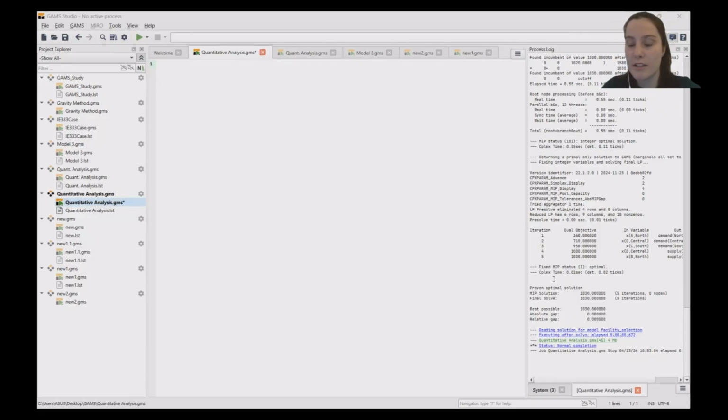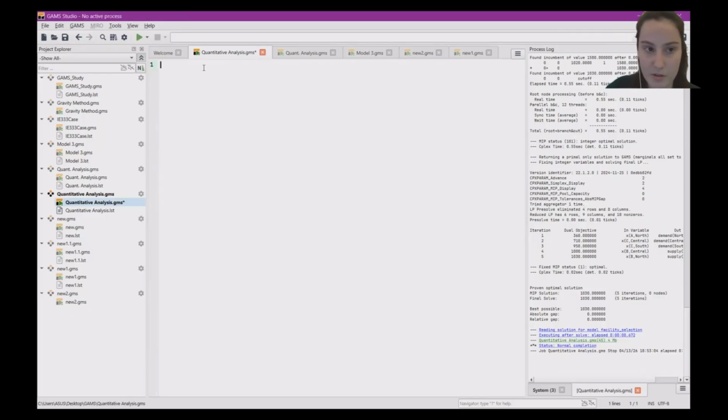When we are solving a GAMS model, we have to start with our indices, like with the manual model. So we are going to set indices.